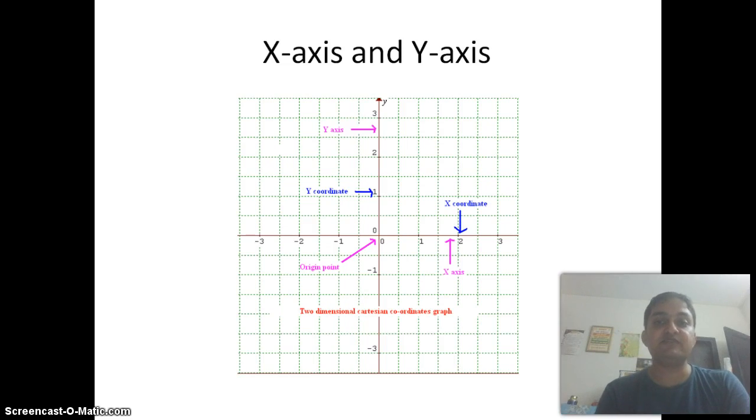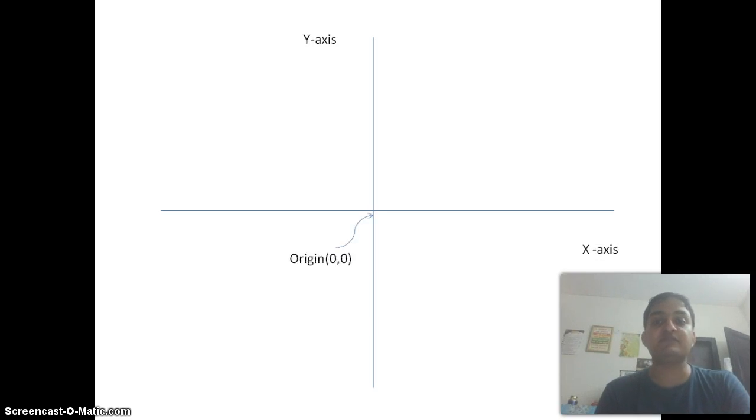So let's see what coordinates of a point mean. Suppose we are given a point P with coordinates x, y. So what does this x and what does this y mean for a point P in this two-dimensional plane?